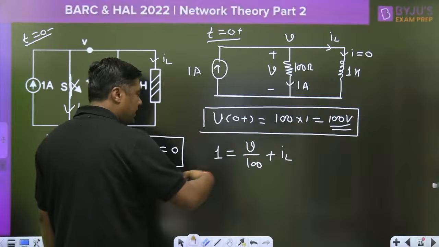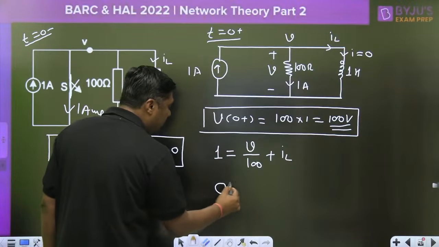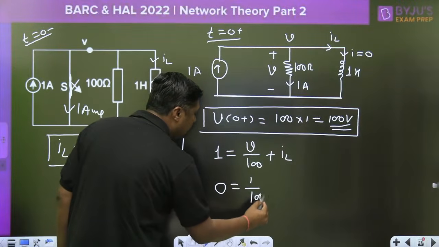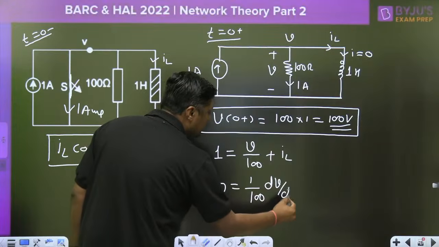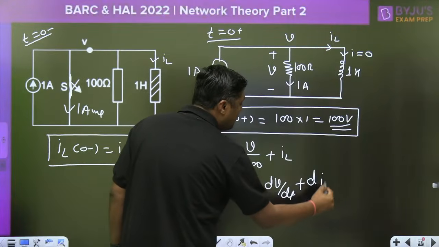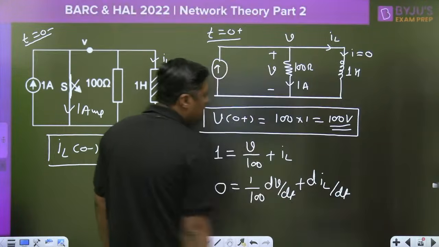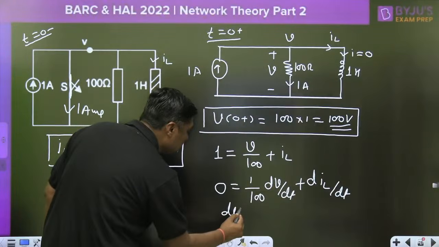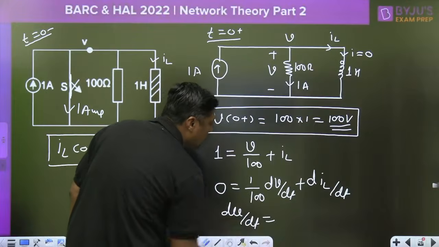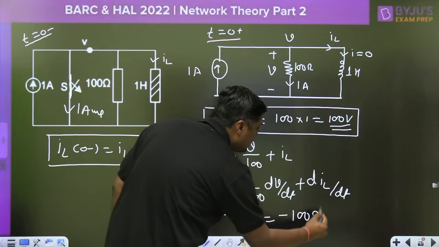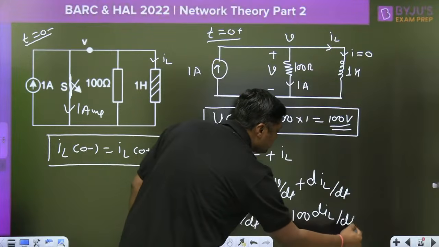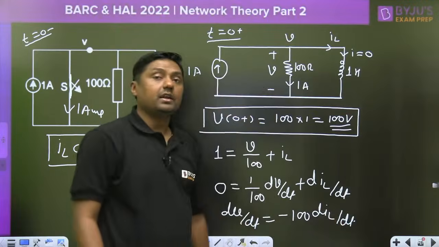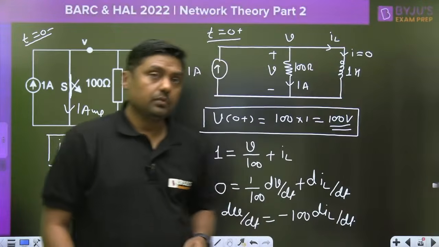Now differentiate it. The left side becomes 0, so we get 1 by 100 dV/dt plus dIL/dt equals 0. Then dV/dt is equal to minus 100 dIL/dt.